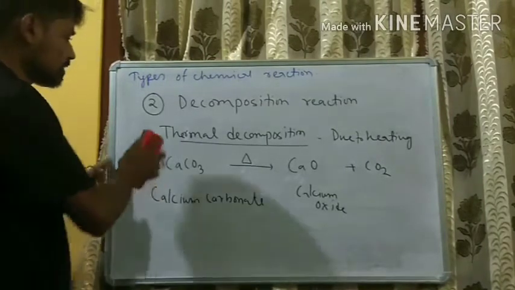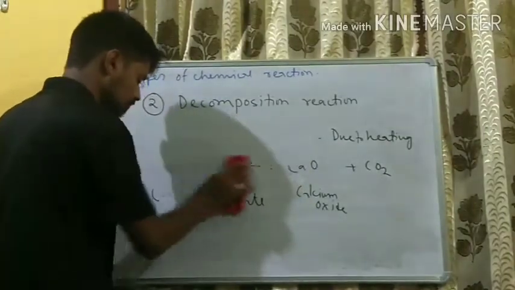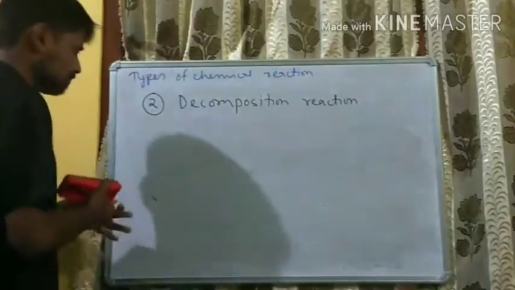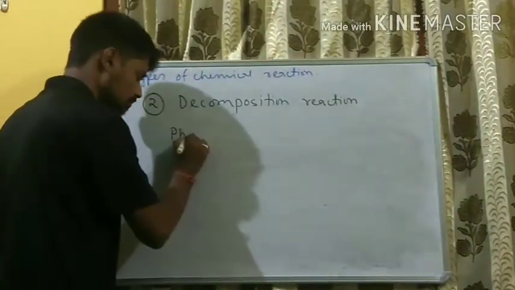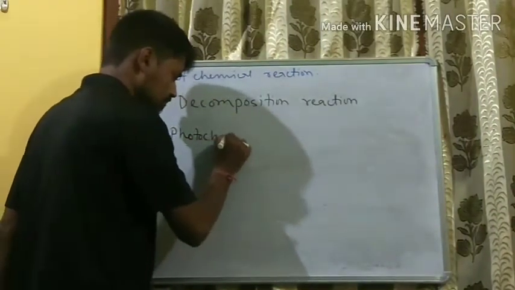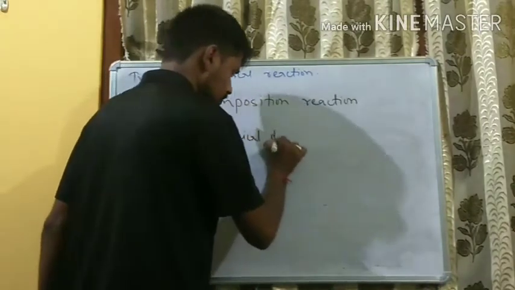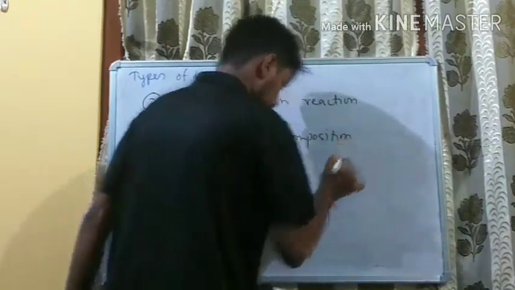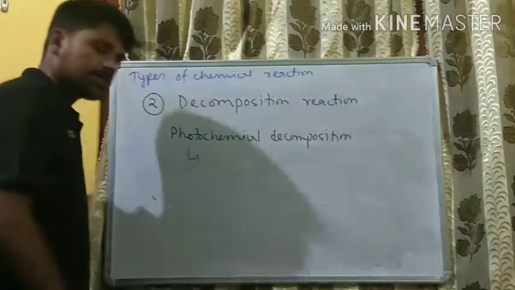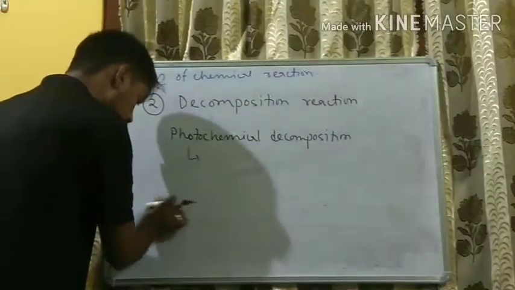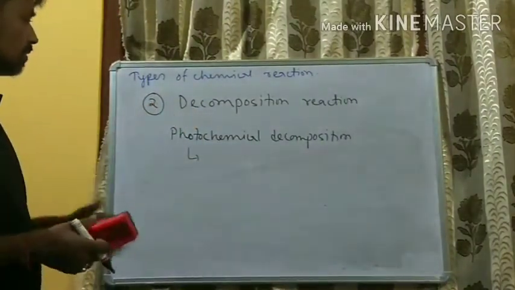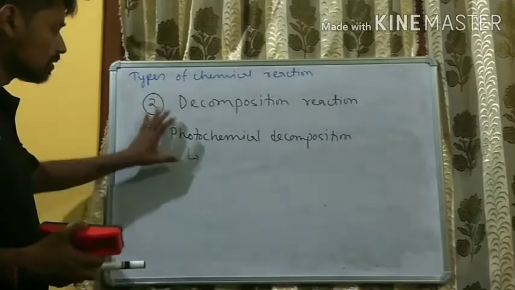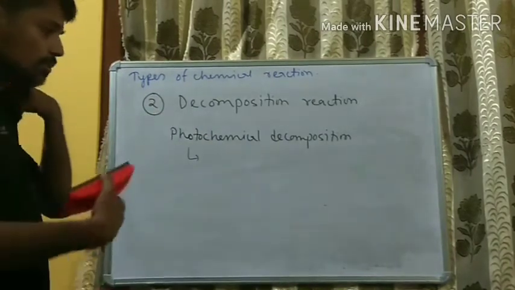Okay. Now let us move to photochemical decomposition. This reaction happens due to sunlight. When a substance is exposed to sunlight, it undergoes decomposition.